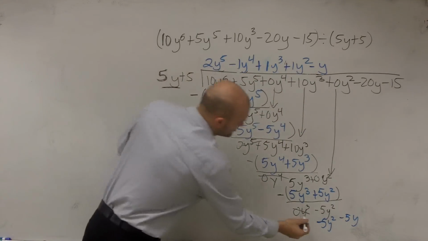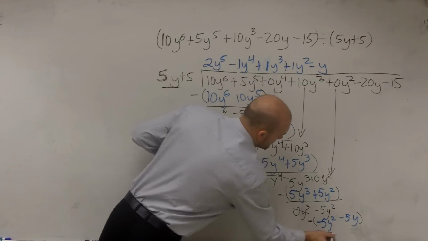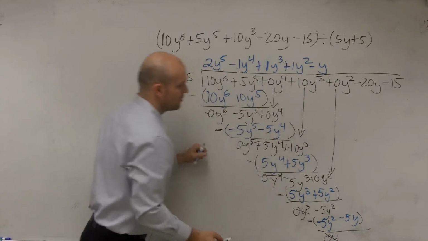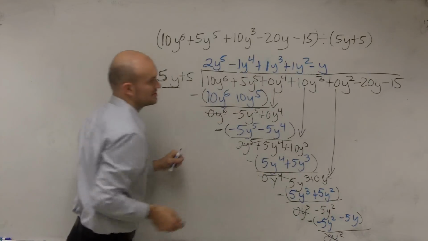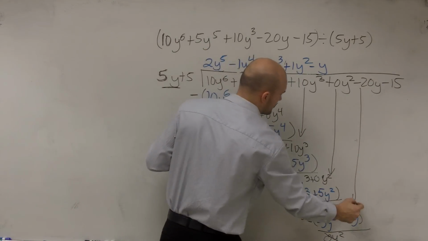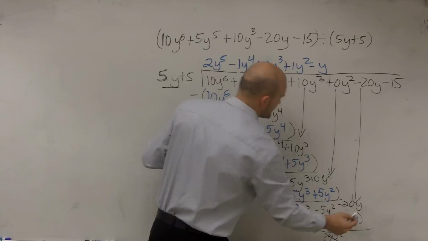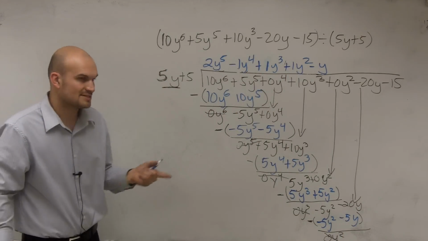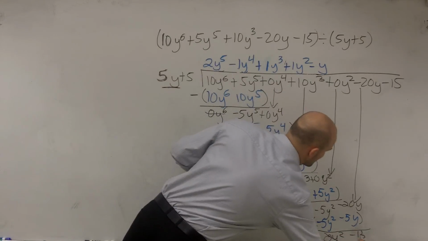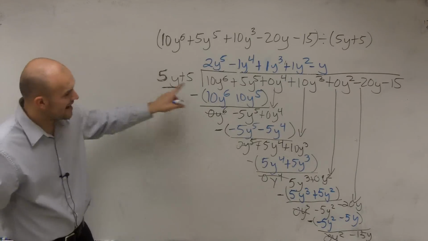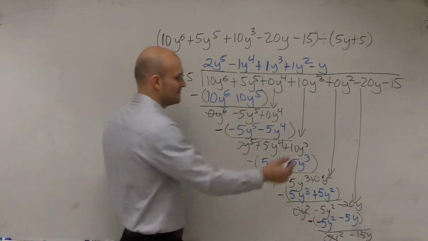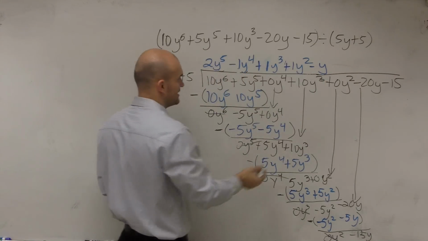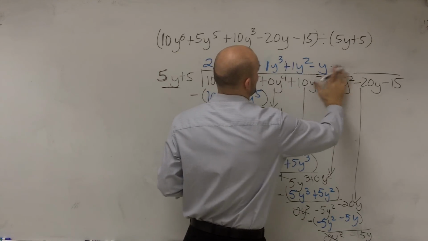Then again, you subtract your rows. Negative 5y squared minus negative 5y squared is 0y squared. I have nothing to subtract from negative 5y, so I bring down a negative 20y. Negative 20y minus a negative 5y is going to be a negative 15y. 5y divides into negative 15y, negative 3 times.